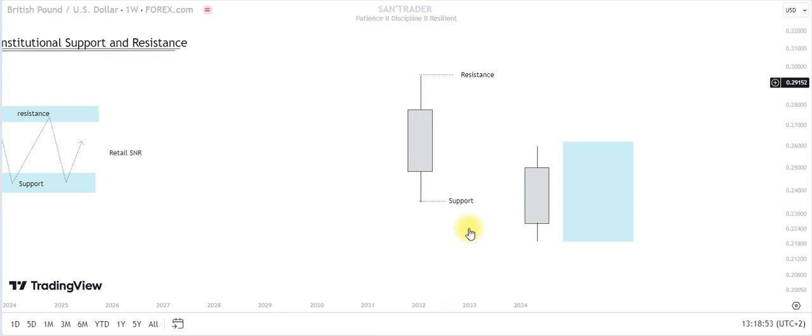So now how do we use this support and resistance, right? These are precise, meaning they will give you a precise price level, right? A precise price level, and this one will be your precise price level.